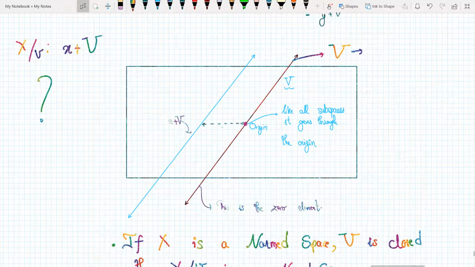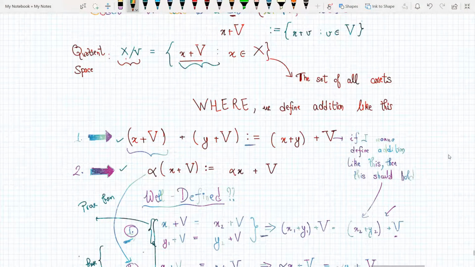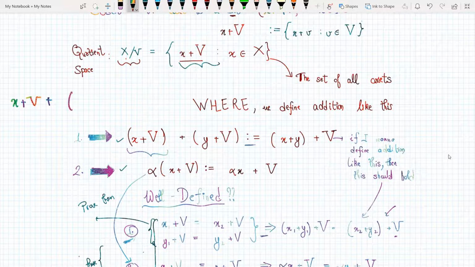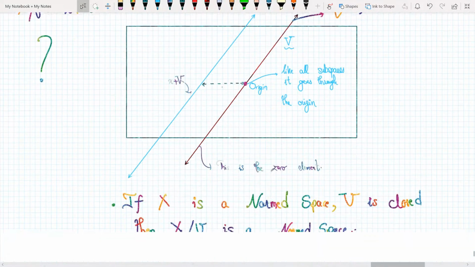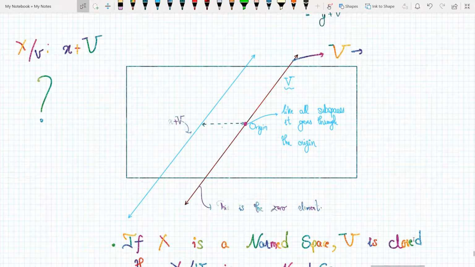Well, if you look at the addition operation, suppose A plus something is equal to A. So x plus V plus something plus V is equal to x plus V, which implies that this something is just V. So capital V is the null element of my quotient space X quotient V.